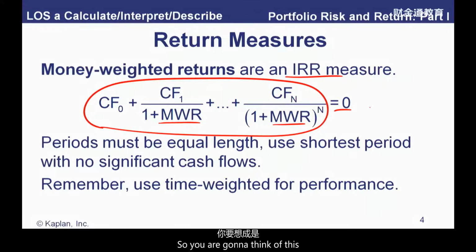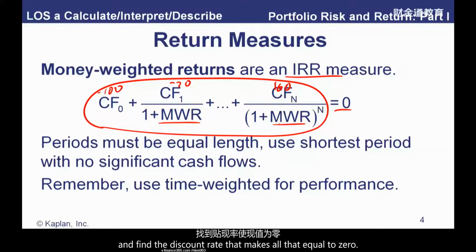So you can think of this as investing $100 here, and investing another $20 here, right? So whatever the return was between 0 and 1, you're putting in another $20, and then you're going to take out $160 here. So you've got negative here, and you get 160 in the end. Find the discount rate that makes all that equal to 0. That is the internal rate of return.